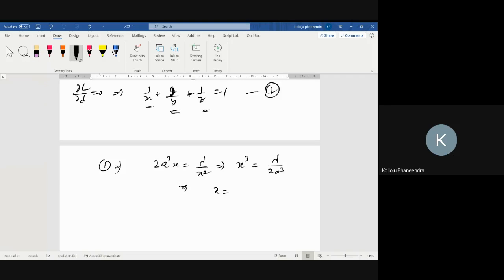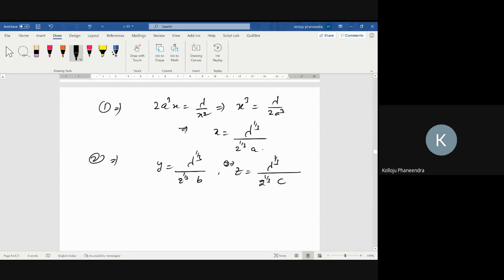So x equals lambda power 1 by 3 by 2 power 1 by 3 a. This is the x value. Similarly, the y value is lambda power 1 by 3 by 2 power 1 by 3 b. And for the z value, equation 3 gives lambda power 1 by 3 by 2 power 1 by 3 c. Right?